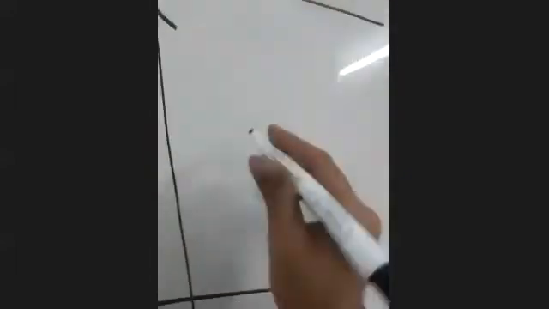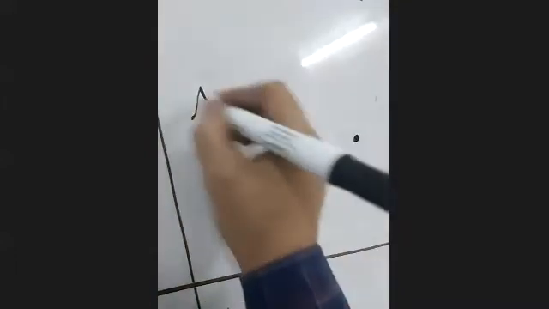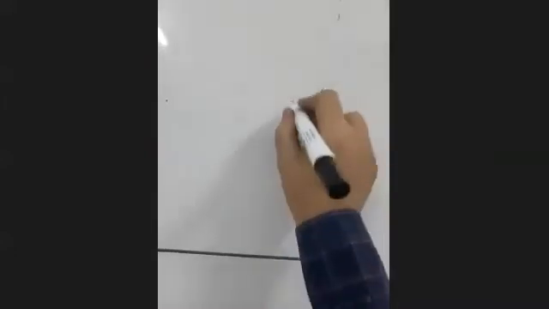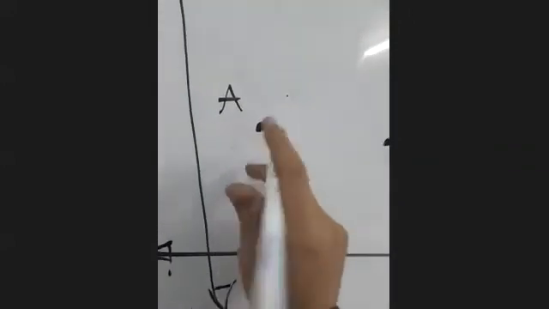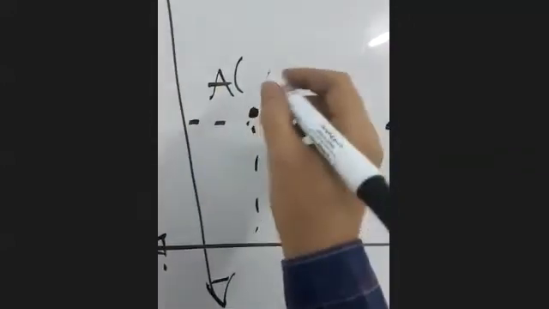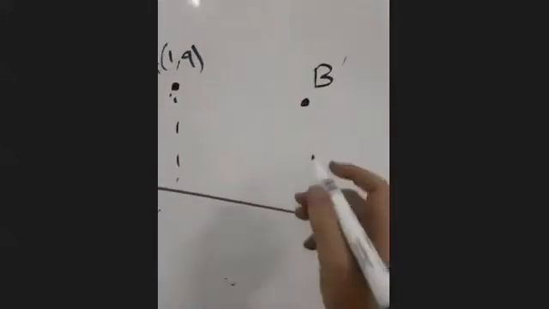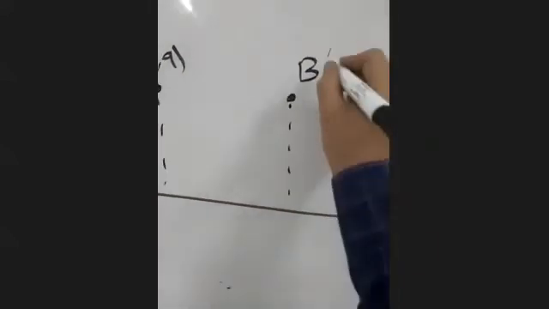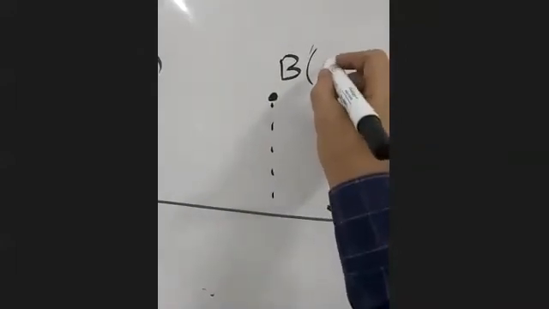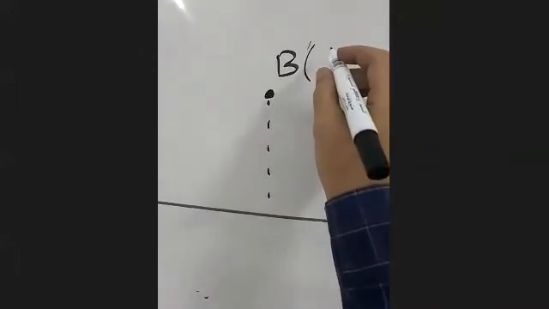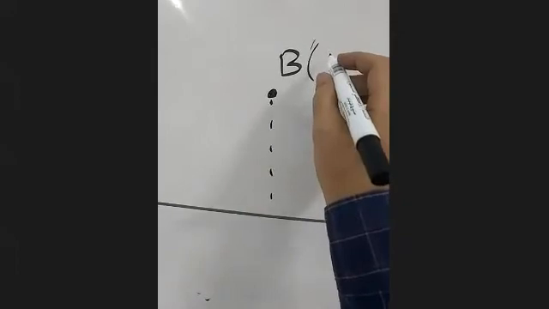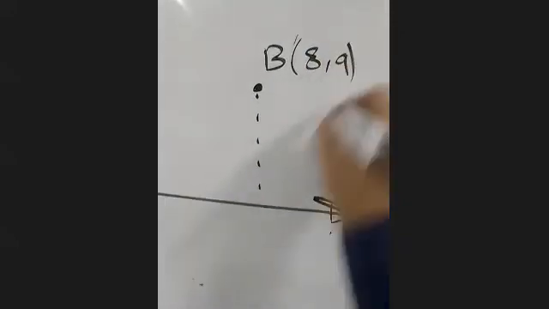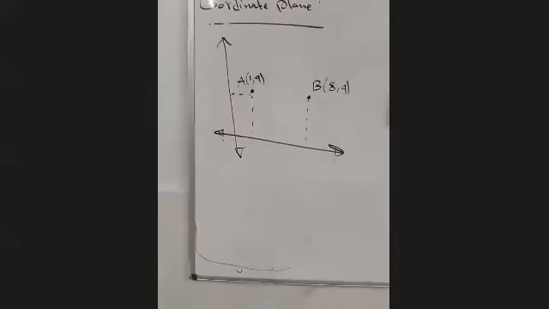If we have these 2 points, for example, here a point and here a point, I'll call this point A and I'll call this point B. A has coordinates, for example, 1 and 9. B has an ordered pair, for example, 8 and 9.